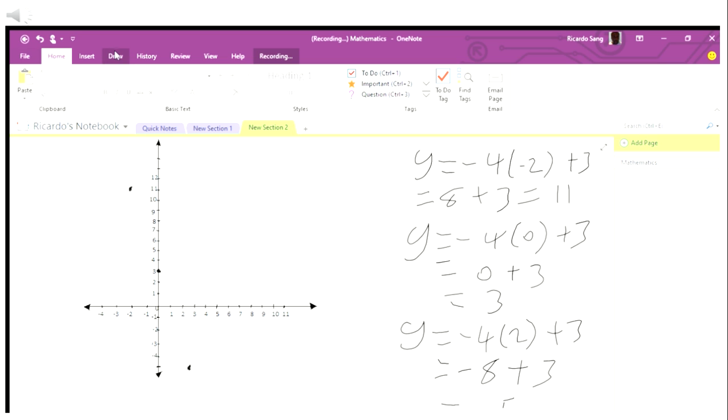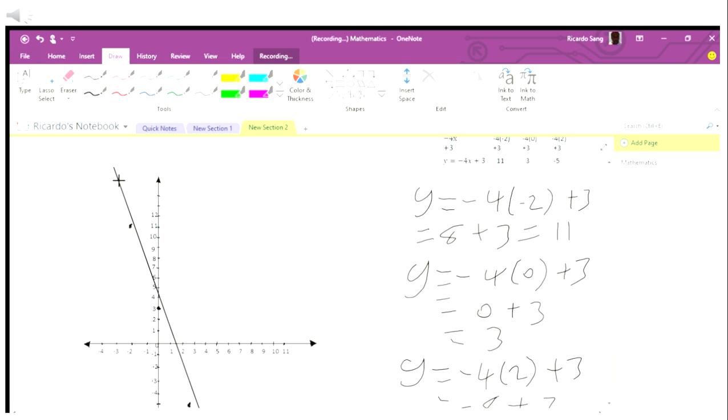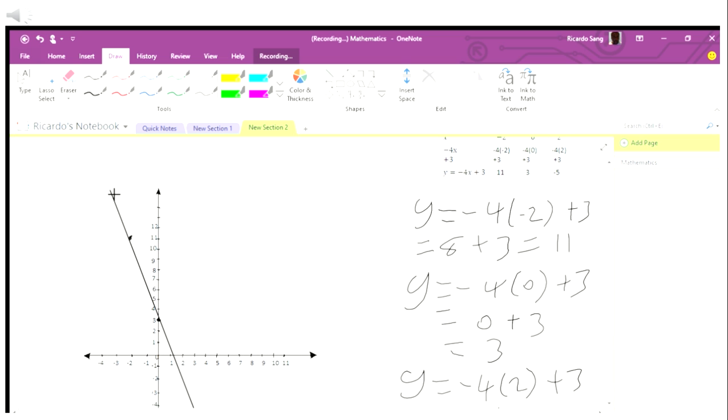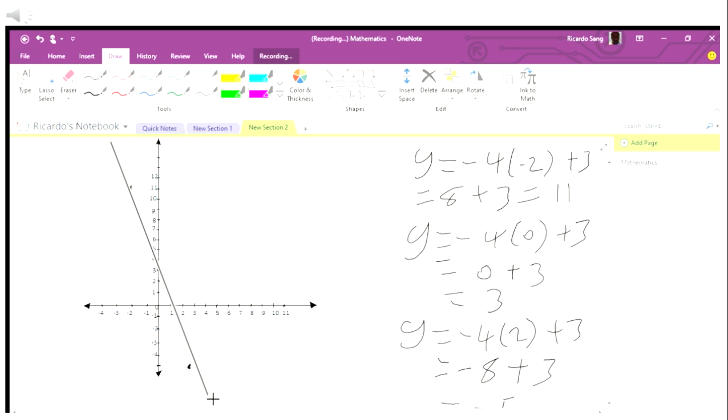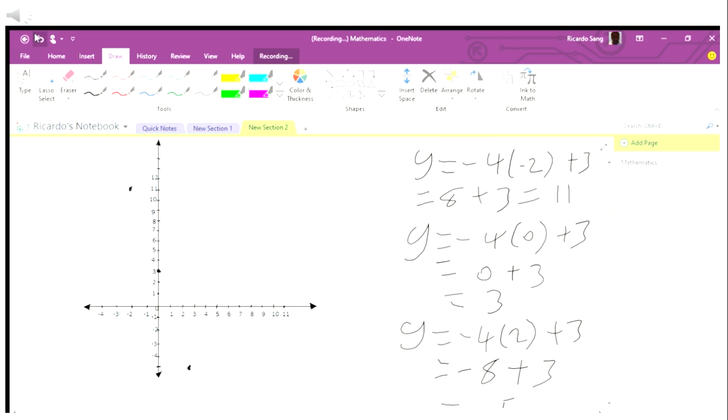Please note you'll have to use square paper. Another word for square paper is graph paper.